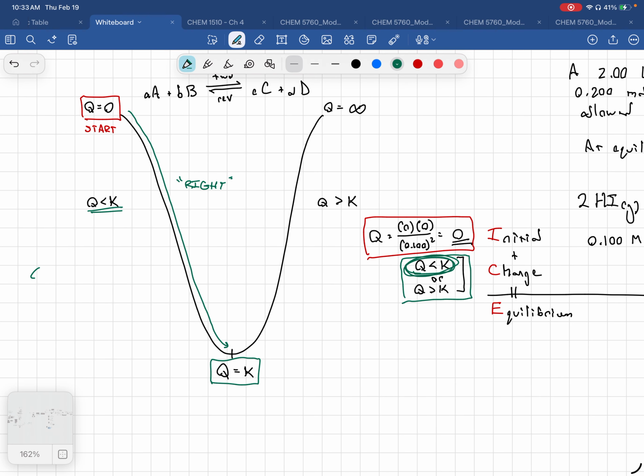Q needs to increase. And so what that means is our concentration of reactants needs to decrease and our concentration of any products must increase. Okay? So decrease in this case means a minus sign, and increase in this case means a plus sign.